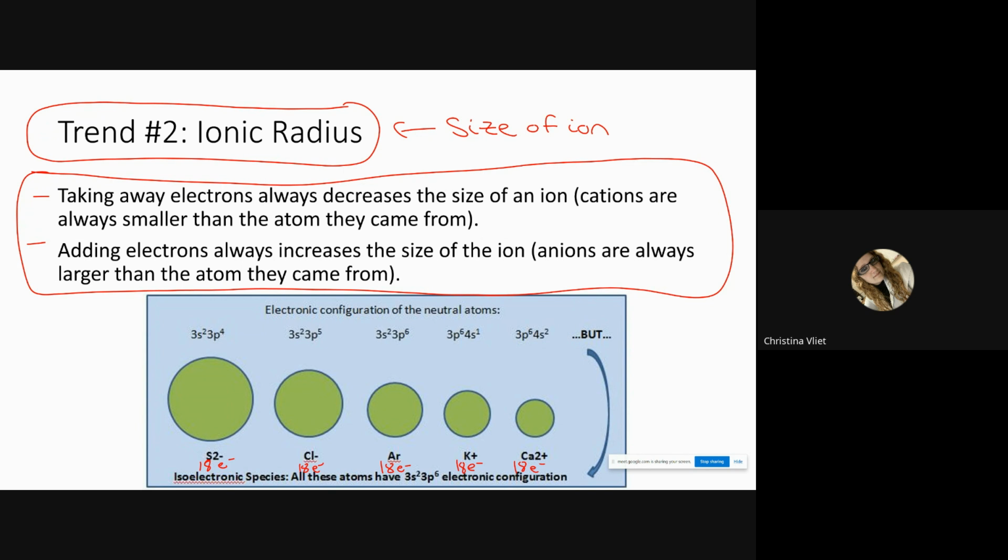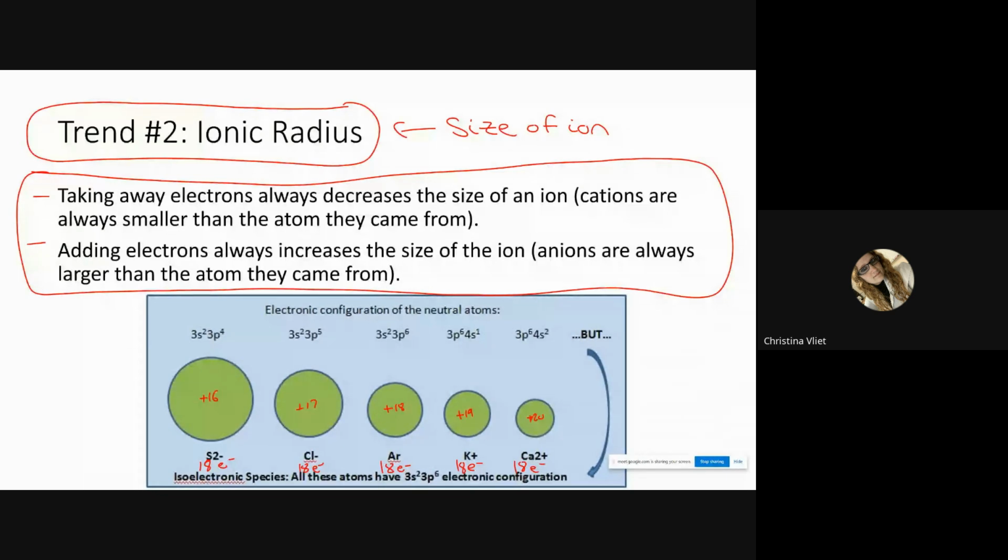Sulfur 2 minus, well, that has a nucleus with a charge of positive 16, right? Because it has 16 protons. Chlorine is 17. Argon is 18. Potassium is 19. And calcium is 20.